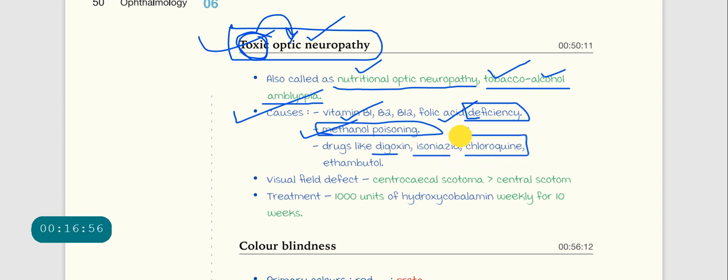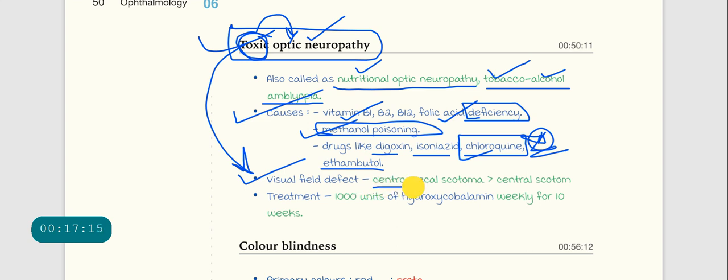Now what visual field effect is associated with toxic optic neuropathy? Centrocecal scotomy, which is a more preferable answer than central scotomy.